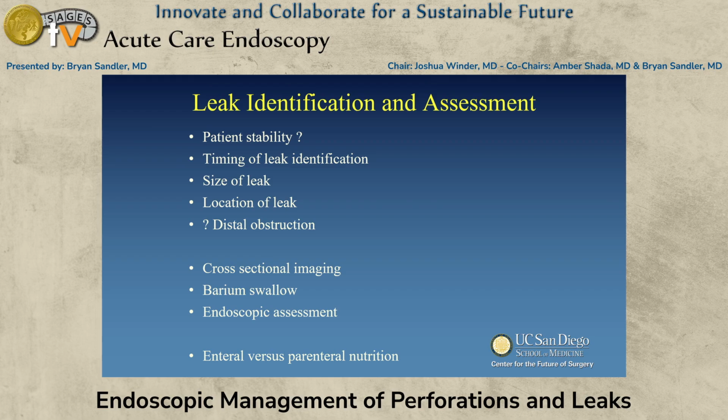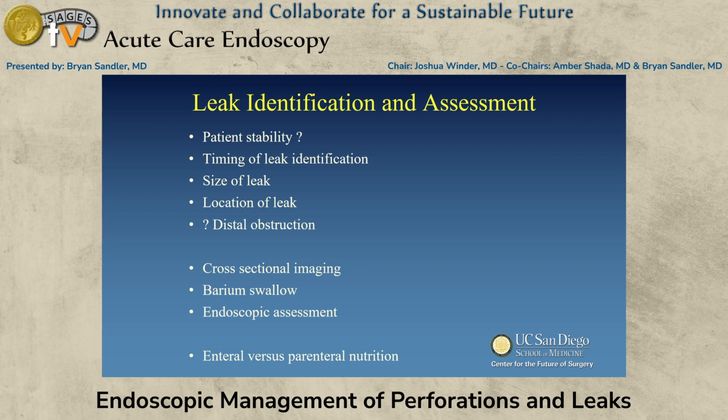Sleeve leaks most typically are high along the fundus, up in the proximal stomach, and can be a very difficult place to access endoscopically. And then combining that with relative distal obstruction, which is, some think, the pathophysiology of most sleeve leaks, where you have a relative distal obstruction and relative ischemia up top, and you end up popping.